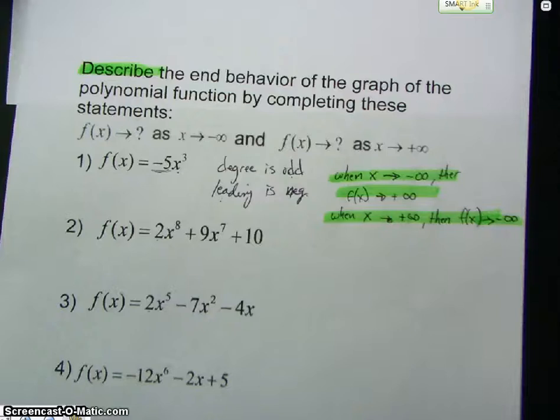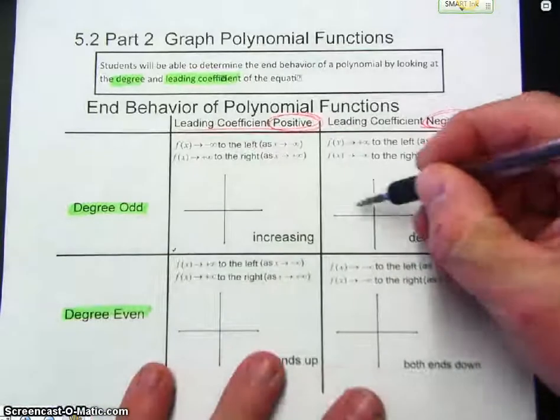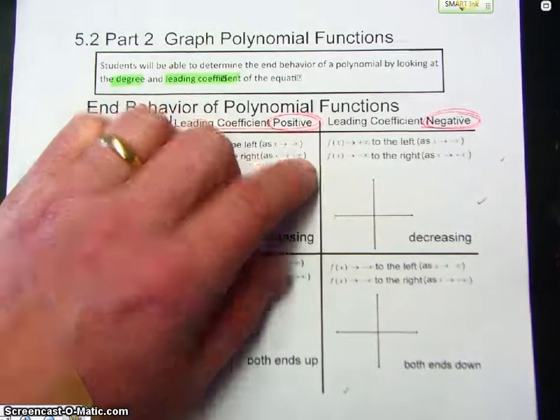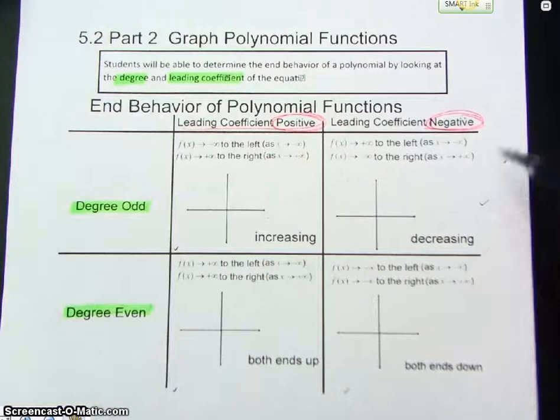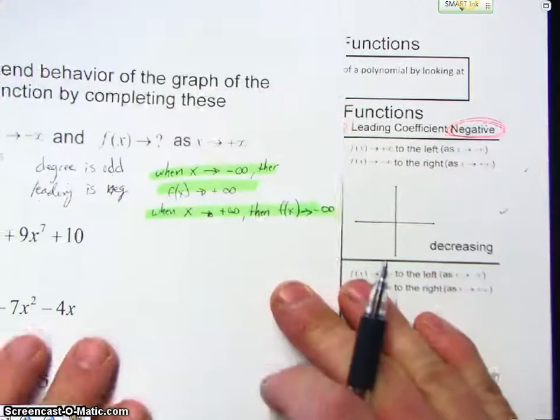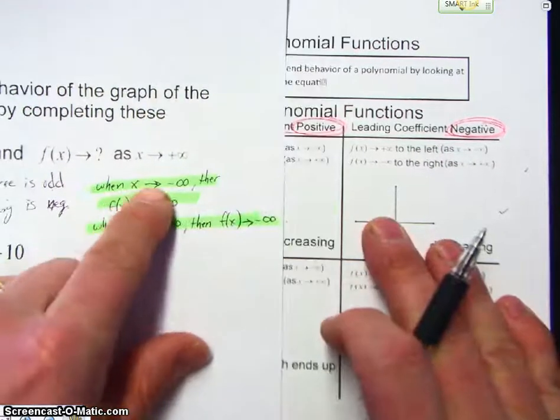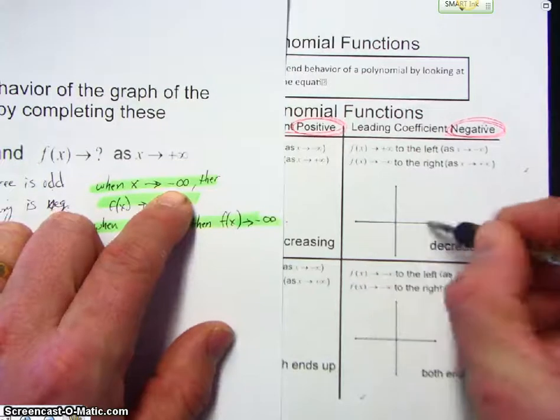Now, what does that mean in terms of graphing? End behavior is we're looking at the ends of the graph. We don't care what's going on in between the ends right now. So this says when x approaches negative infinity, here's the x-axis.